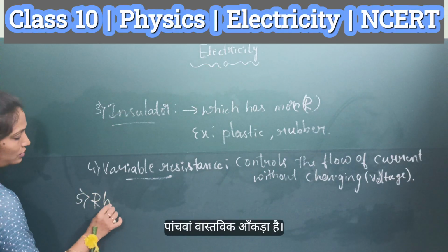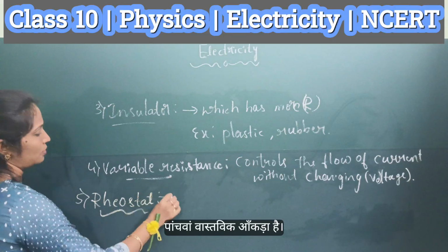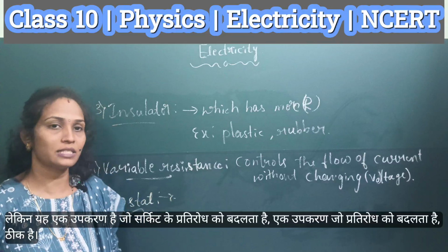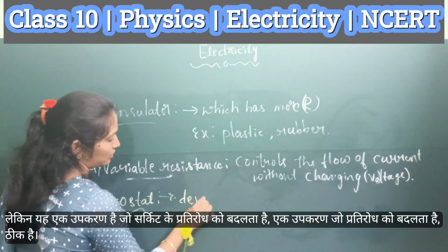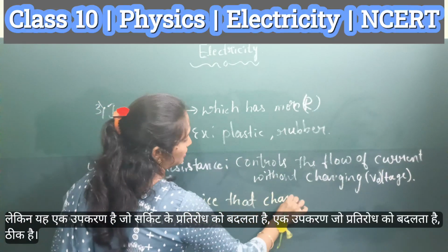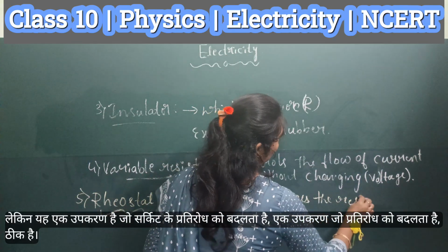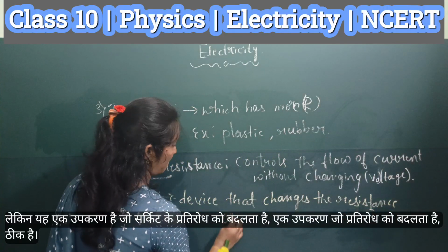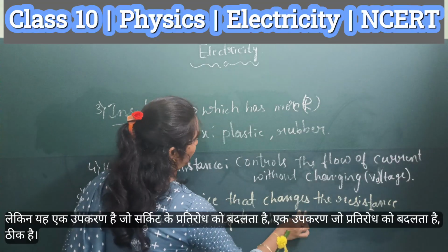Fifth one is rheostat. This rheostat is nothing but a device that changes the resistance of the circuit.